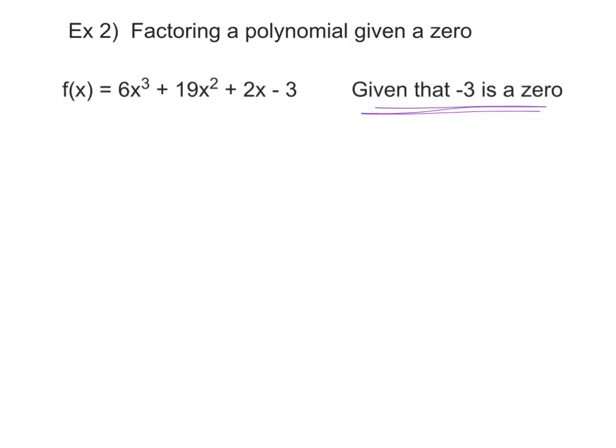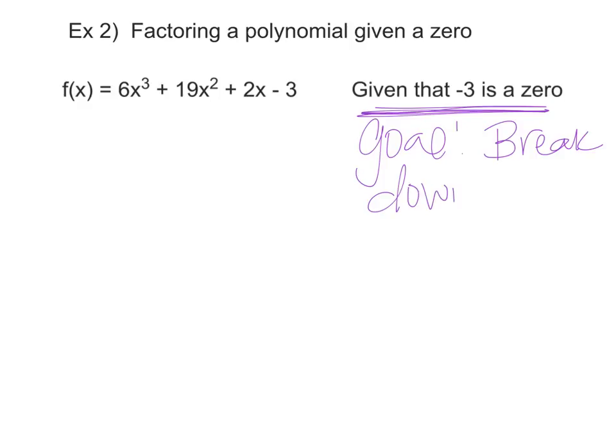I'm going to be given that negative 3 is a 0. But my goal here, whenever I'm looking at this, is to break it down to a quadratic. And my goal, in order to break it down to a quadratic, is so that I have something squared.